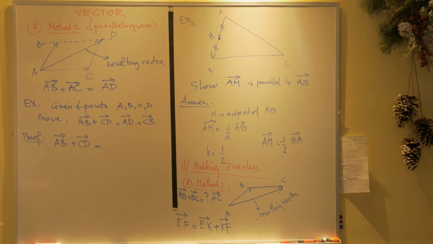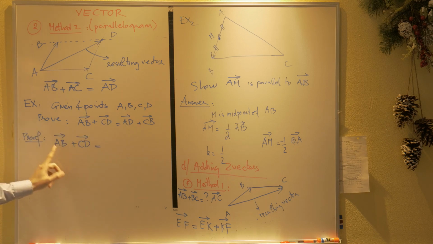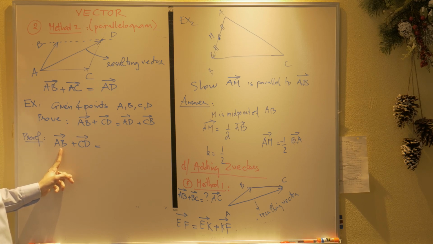And I already told you that when we are given a vector with two letters like this, initial point and terminal point, I can insert a letter in between so that it's split up into two vectors. So we want AD, right? I can insert a letter D here so that I have AD.